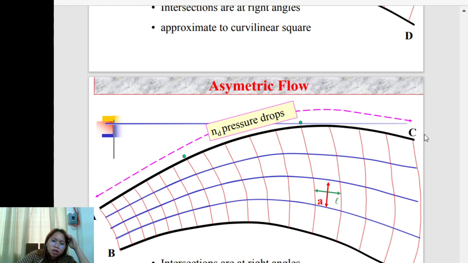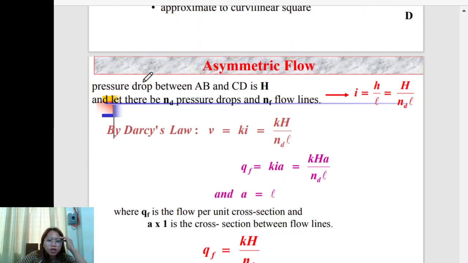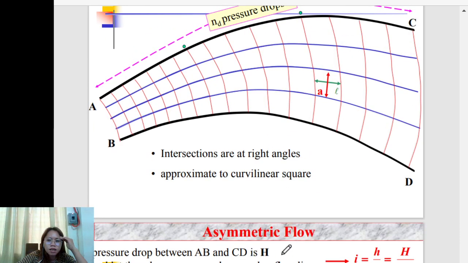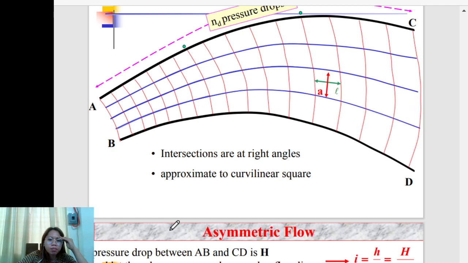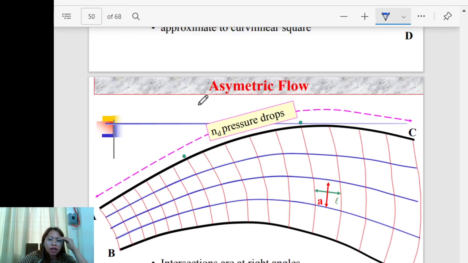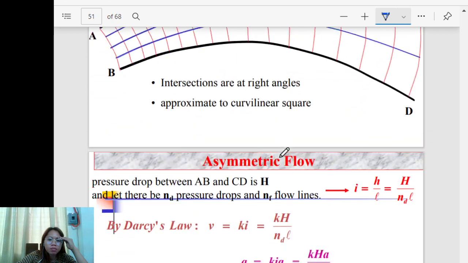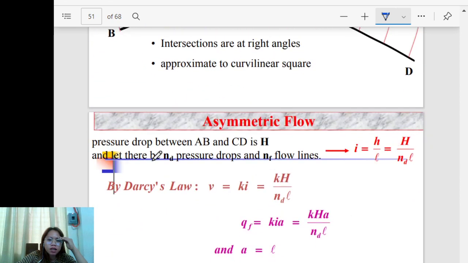The flow line, or this is actually the equipotential line, N sub D. Okay, pressure drops between AB and CD is H. And let there be N sub D, the pressure drops, and N sub F, the flow lines. So from AB to CD, this is total H, divided by N sub D, which is the number of pressure drops.